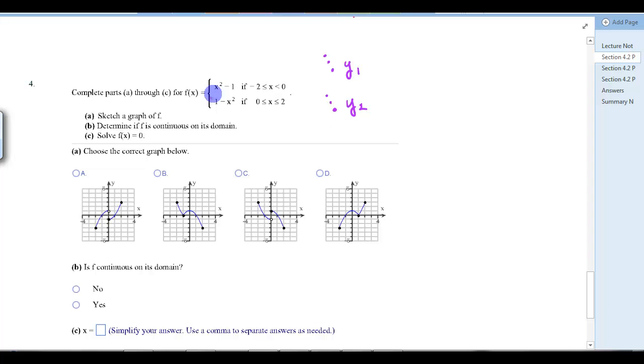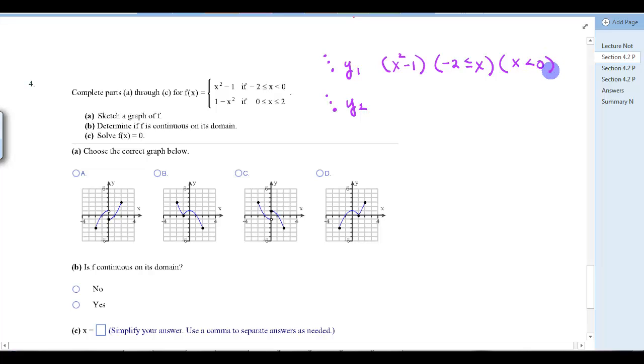Then you're going to put each of these parts in parentheses. So you're going to have parentheses x squared minus 1, close. You're going to open parentheses, and we're going to break this compound inequality into two pieces. So we'll have negative 2 is less than or equal to x, close, open. Now we'll have the last part, x is less than 0.